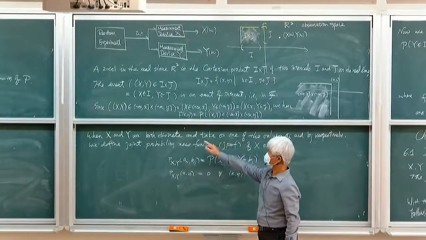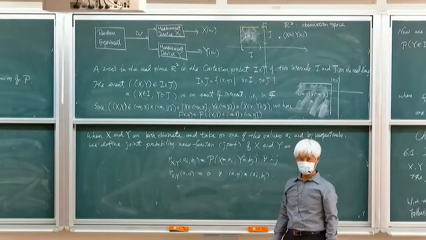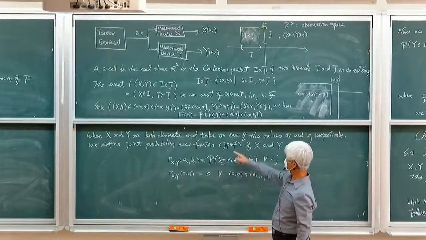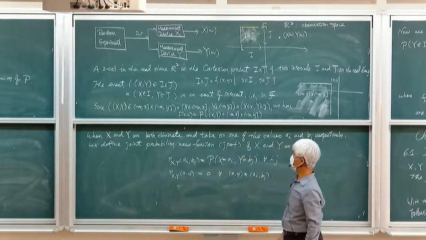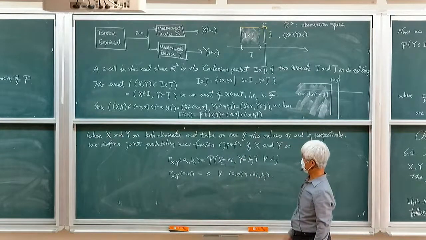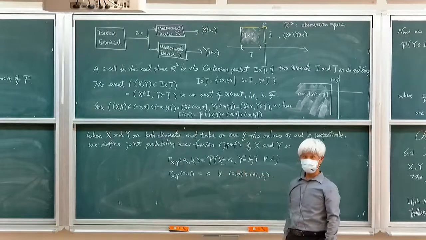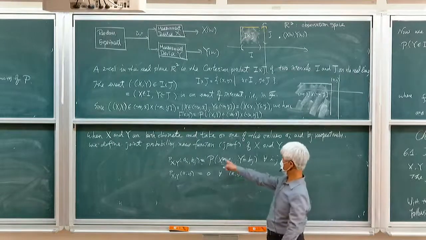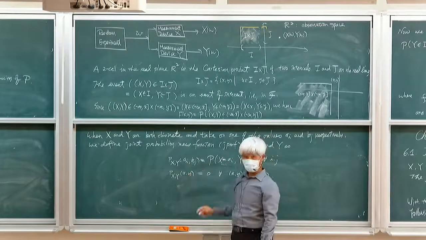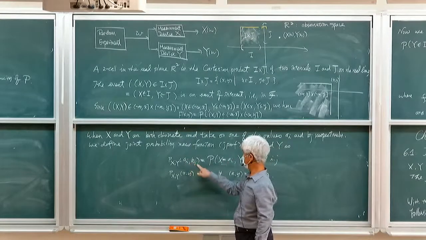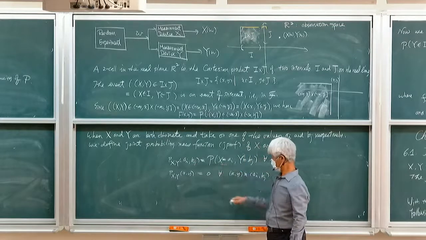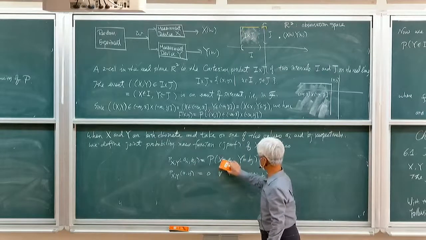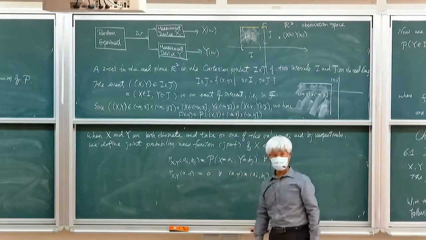So if they are both discrete, then the joint PMF will not be all zeros, because for some particular pairs a_i and b_j, this probability may not be 0.